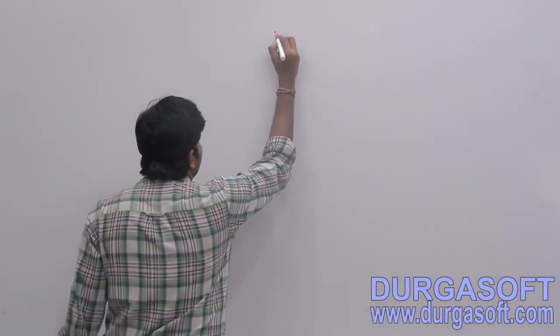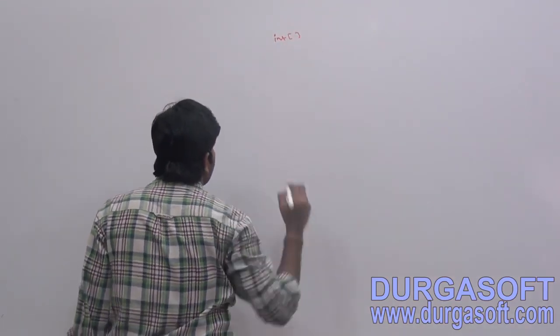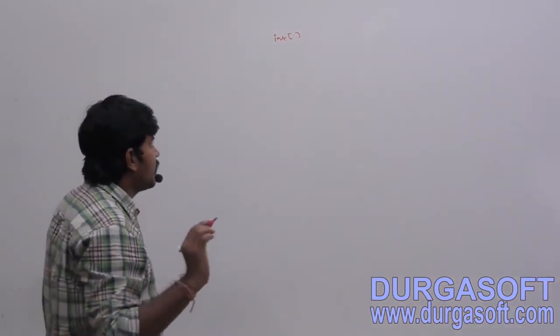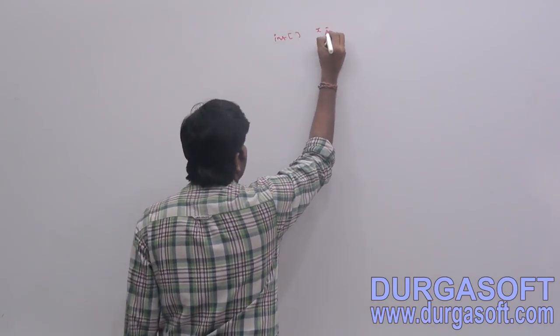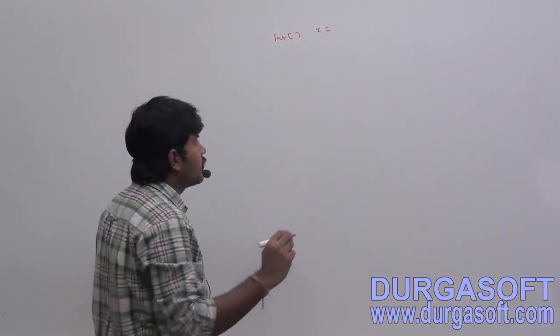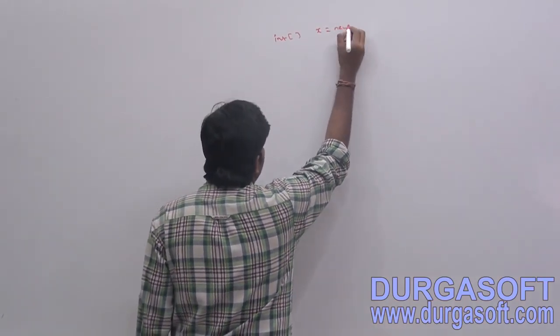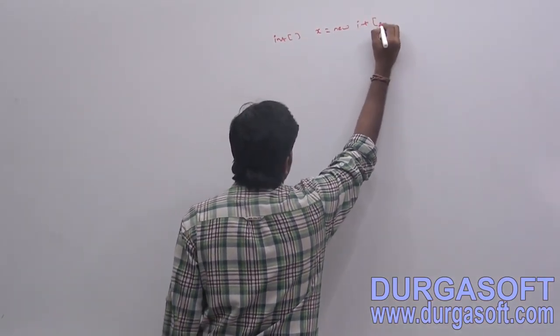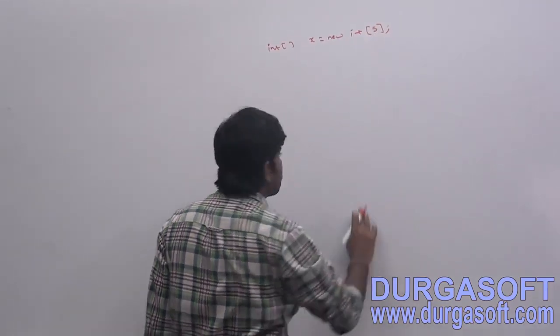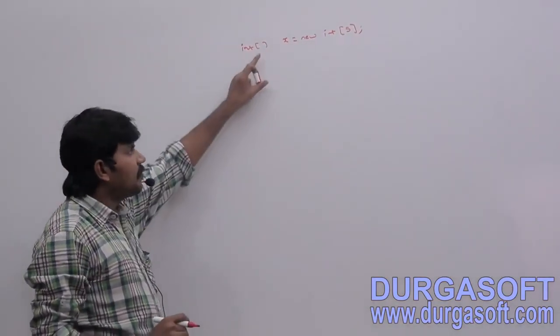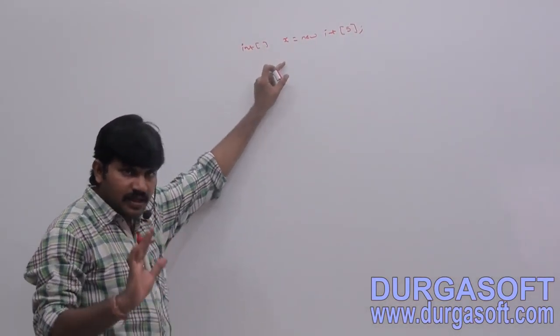Sir, here I am taking an int array. Listen a bit carefully. int[] x = new int[5 or 6], like this I am taking. What type of array is this? A primitive array, an int array, right?